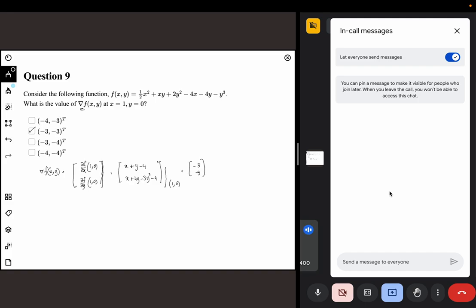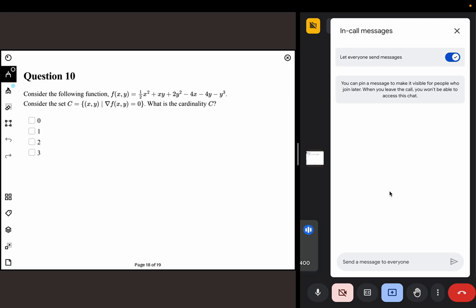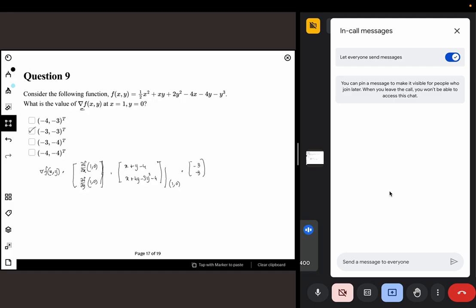Okay, now let's see the next one. So now I'm considering a set C such that the gradient of that particular value is equal to 0. So what is the cardinality of that? Cardinality is basically the number of elements in that particular set C. And the first step would be to calculate the gradient.